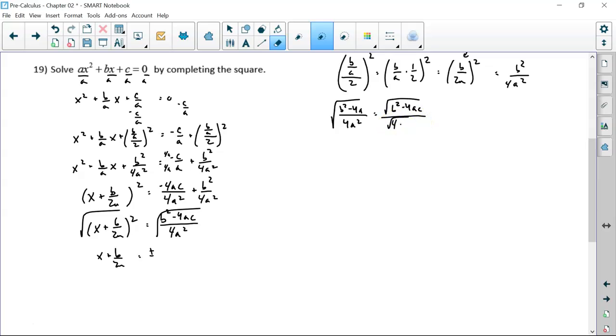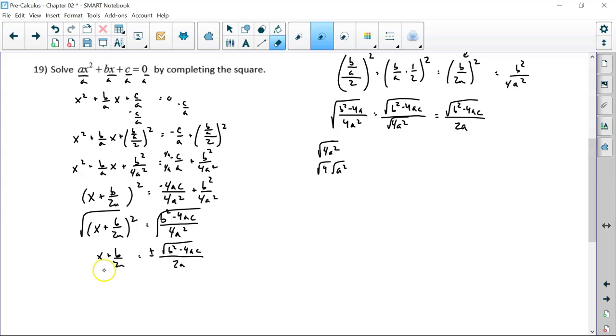And on the bottom, the square root of 4a squared. When we take the square root of 4a squared, we take the square root of 4 and the square root of a squared. So that gives us a 2a in the denominator. So it's plus or minus the square root of b squared minus 4ac, all divided by 2a.